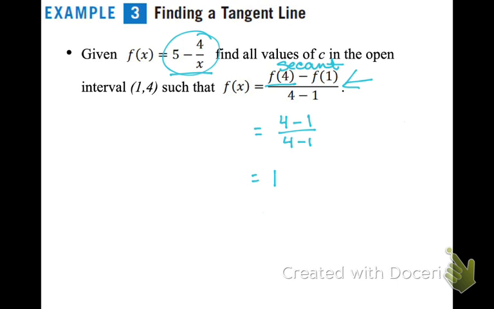So now we need to find the slope of the tangent. So we need to find the derivative. Find all values of c on the open interval 1 to 4 such that. So I need to find the derivative.